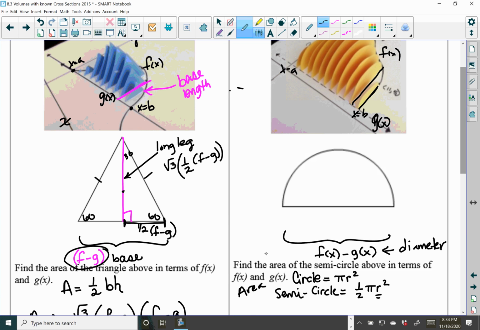Or this is the length of the base, right? Just like we've been talking about, base, base, base. So I need half of that. So radius equals 1/2 of the diameter, 1/2 of f of x minus g of x.